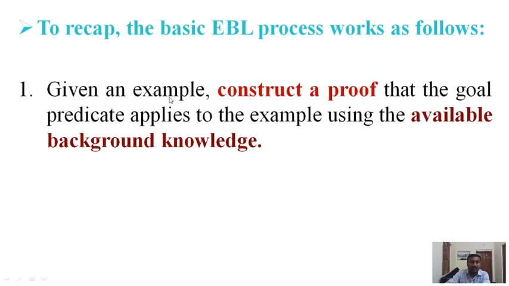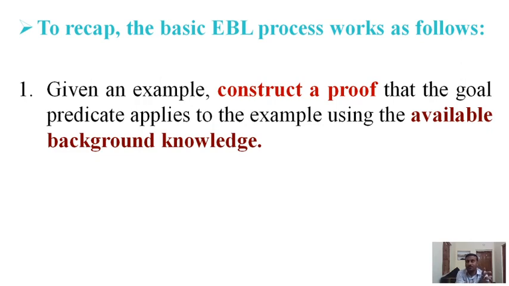First, given an example, construct a proof that the goal predicate applies to the example using the available background knowledge. So first take an example, any example, and for that example construct a proof that the goal predicate applies, with the help of your prior knowledge. We took the example 1 times (0 + x).